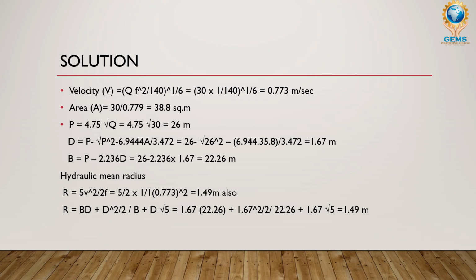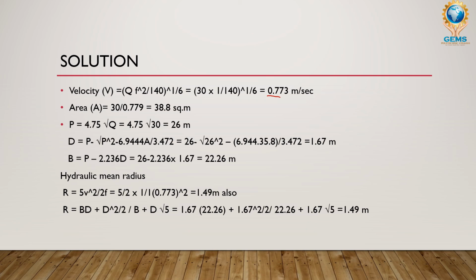We know the velocity value V is equal to Qf squared divided by 140 whole power 1 by 6. And you know the discharge value they have mentioned in the problem, 30. And F is the silt factor they have mentioned, 1.0. So 30 into 1 divided by 140 whole power 1 by 6.